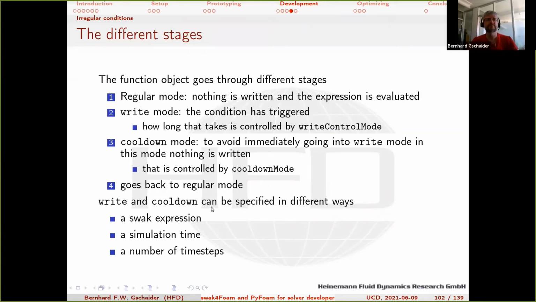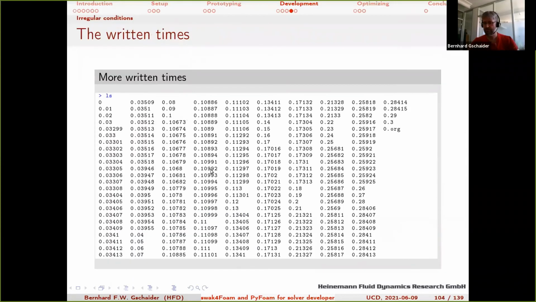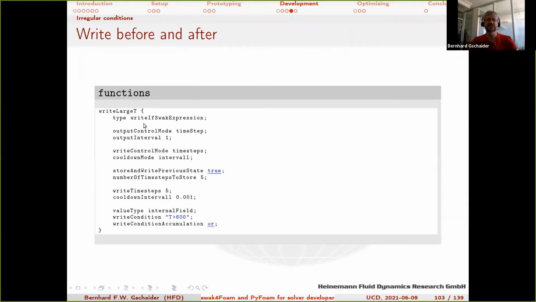So what Ignaz added here is the writeIfSwakExpression: if the temperature is bigger than 600, and it only has to be true in one cell, then it's fine, write it out.